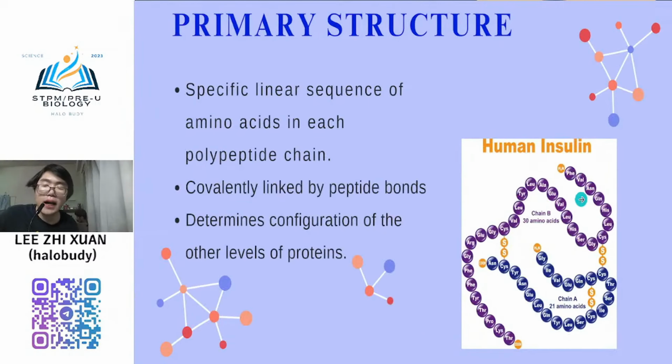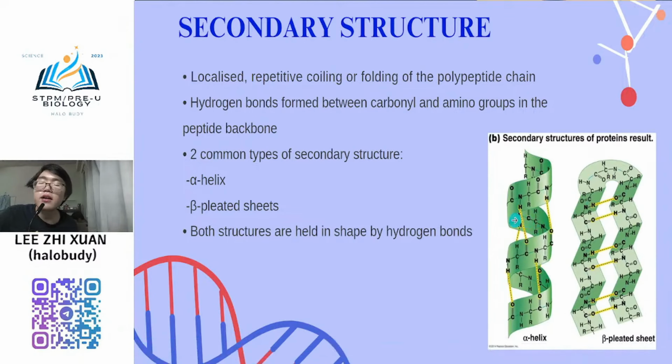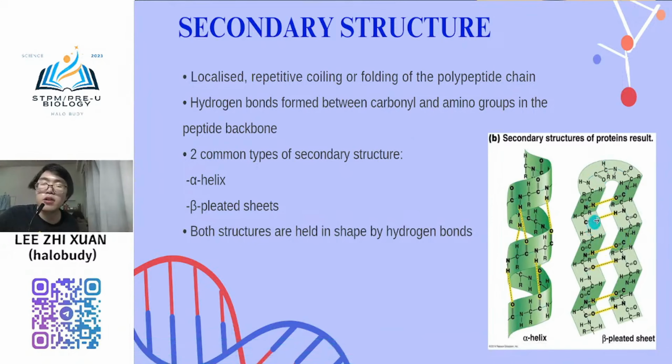Compared to the earlier one, which is just a basic unit joined like that, this one is not only joined but also coiled onto itself. They form a coil structure, like a spring, and this one is like paper. This is what we call folded.